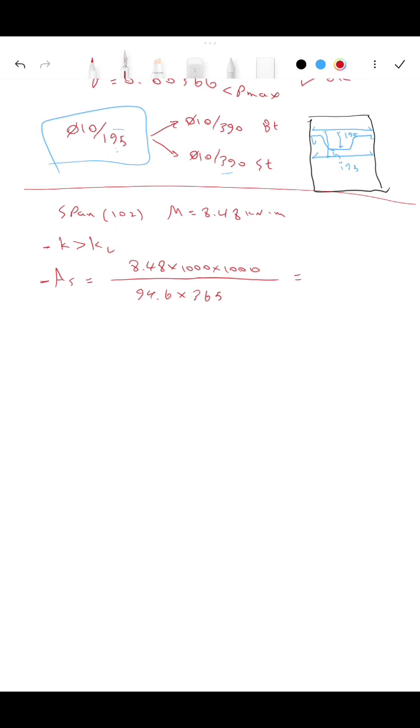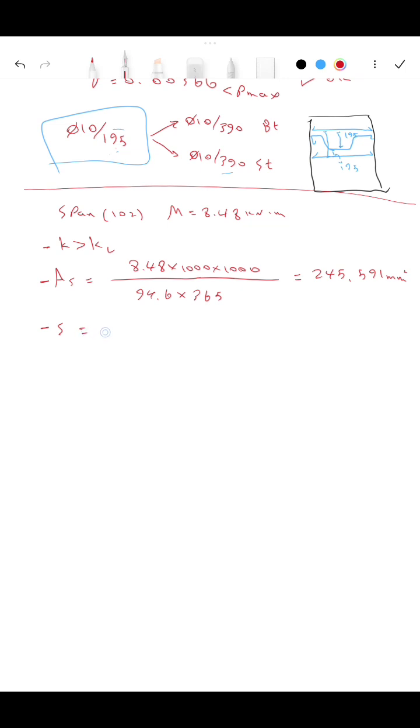So 8.48 times 1000 divided by 94.6 times 365, and it equals 245.591 millimeter square.